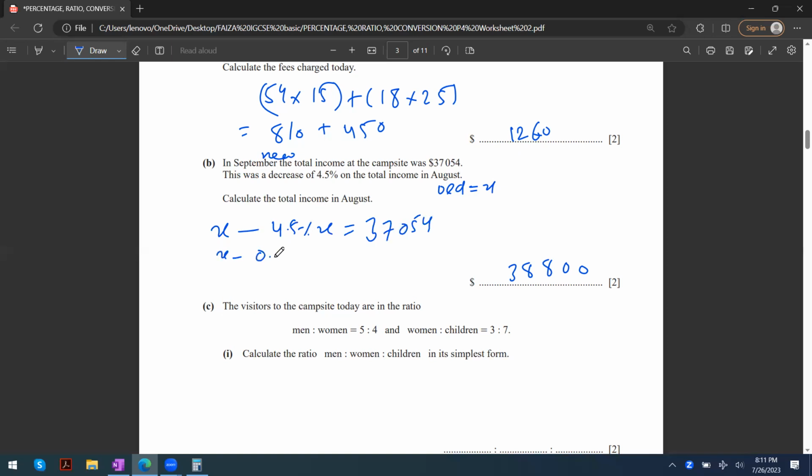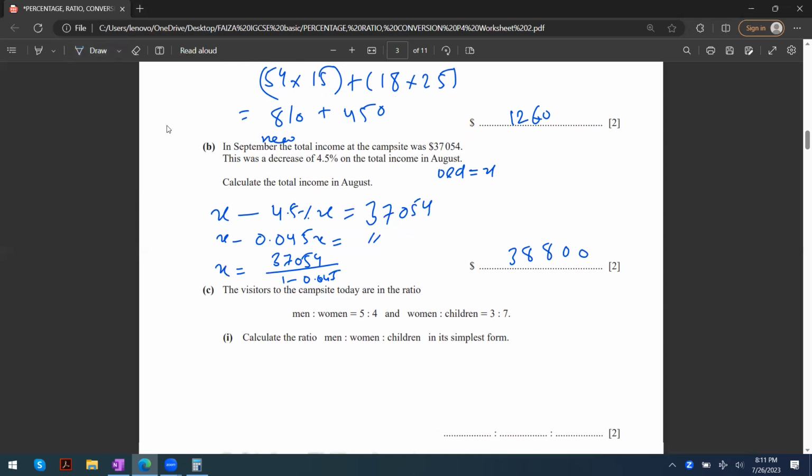X minus 0.045X. So X is equal to 37054 divided by 1 minus 0.045. It's 38800. Is it clear, Abdullah? Yes, sir.